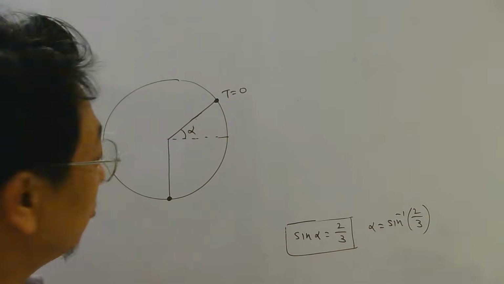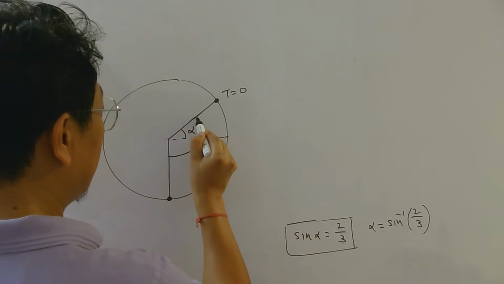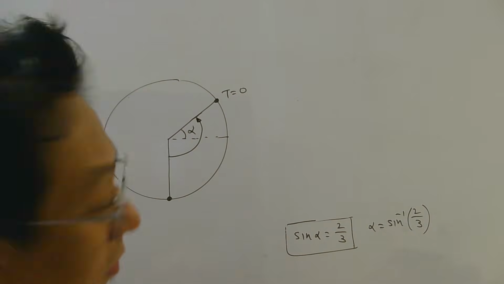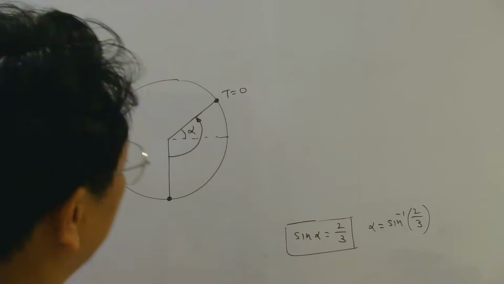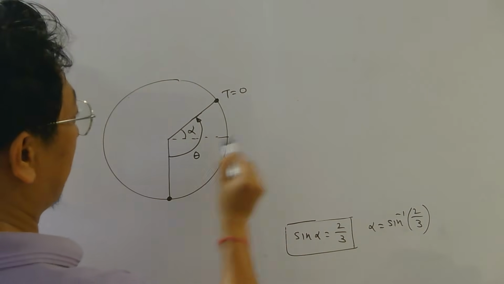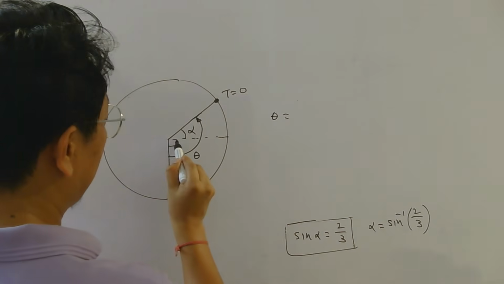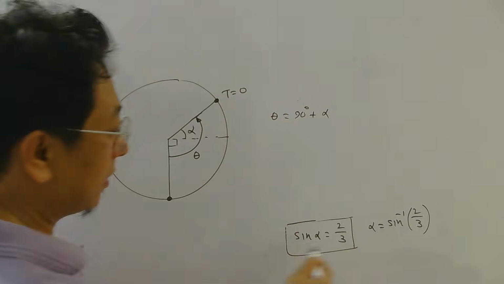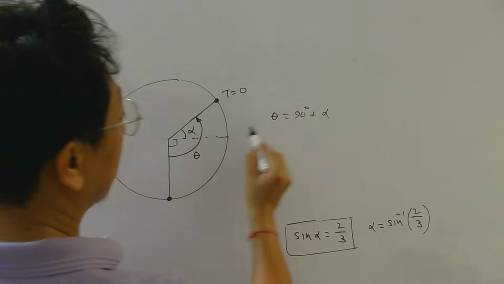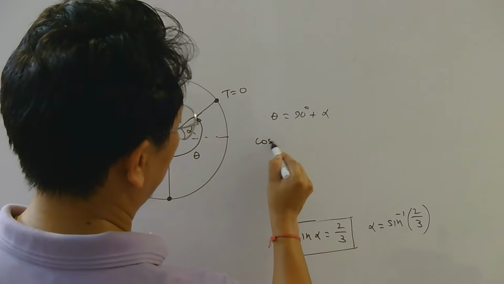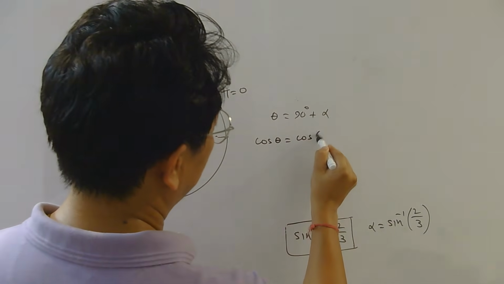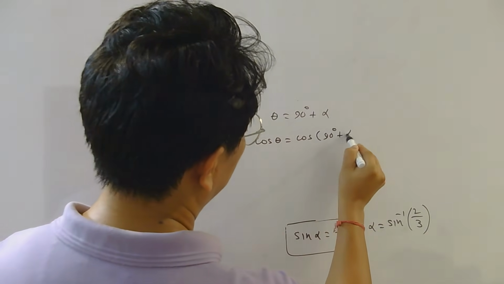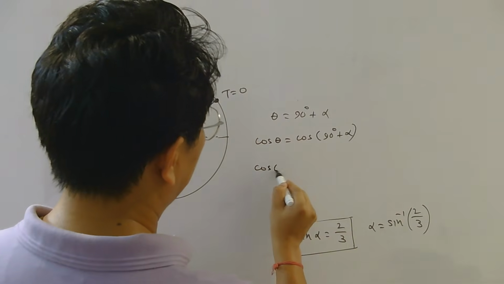Now they may ask you to find the total angle turned by the string or the pendulum by the time tension becomes 0. So this total angle theta is not alpha, right? It is this angle 90 plus alpha. But we know sine alpha. So what we will do? We will take cos both sides. I hope you understood, because if you take cos both sides, then cos(90 plus alpha) is minus sine alpha, right?